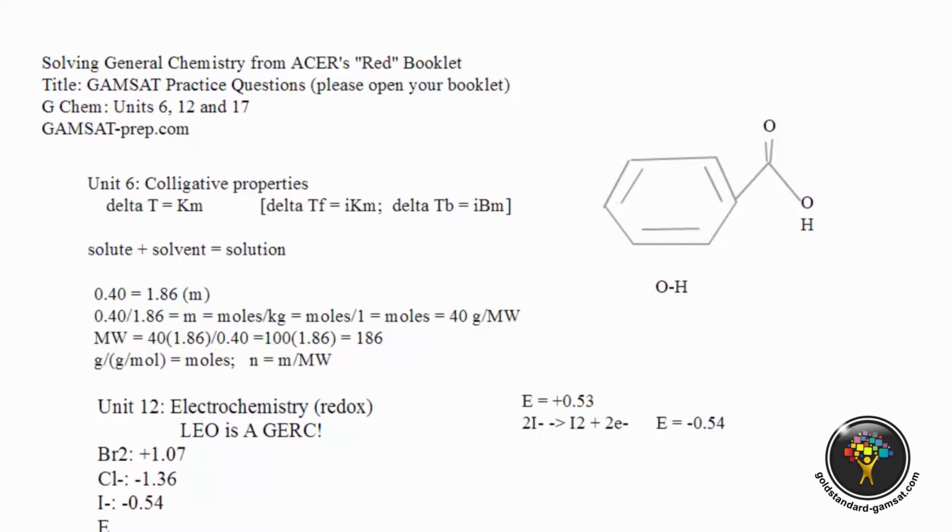We started with iodine, so iodine goes to I2 plus 2 electrons. Now the bromine reaction is written already, but I want you to just notice that the electrons cancel when you add these two different reactions. So Br2 plus the 2 electrons goes to 2Br minus.